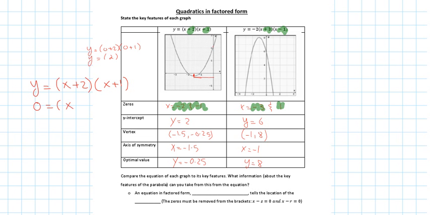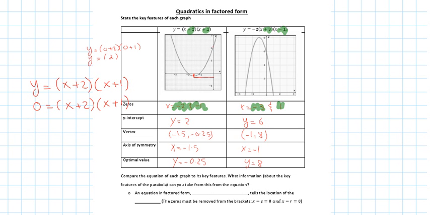Now my question to you guys is, when you have something times something else equal to 0, what does that mean? The other side is 0 too. Which one? This side. So how does this become 0? Because we put the equal sign in between. Okay, question for you.